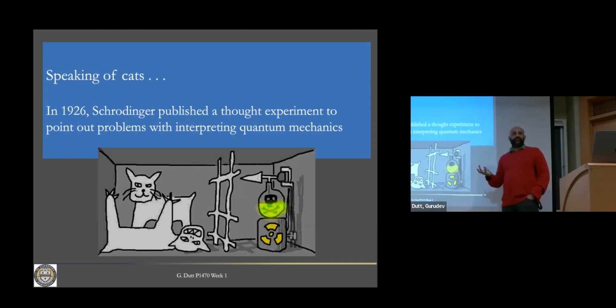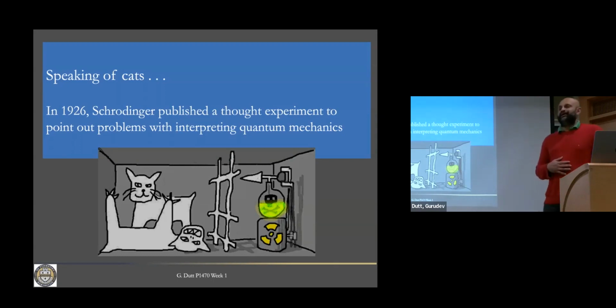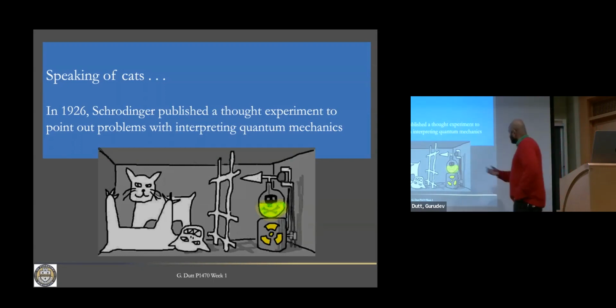But the release of the hammer is determined by the decay of a radioactive atom, one atom, for example, in this case, okay? So the idea is that if you have just one radioactive atom, you don't know when it's going to decay, right? Because as we know from quantum mechanics, it will be in a superposition of decayed and not decayed in some sense. And that was well known to them.